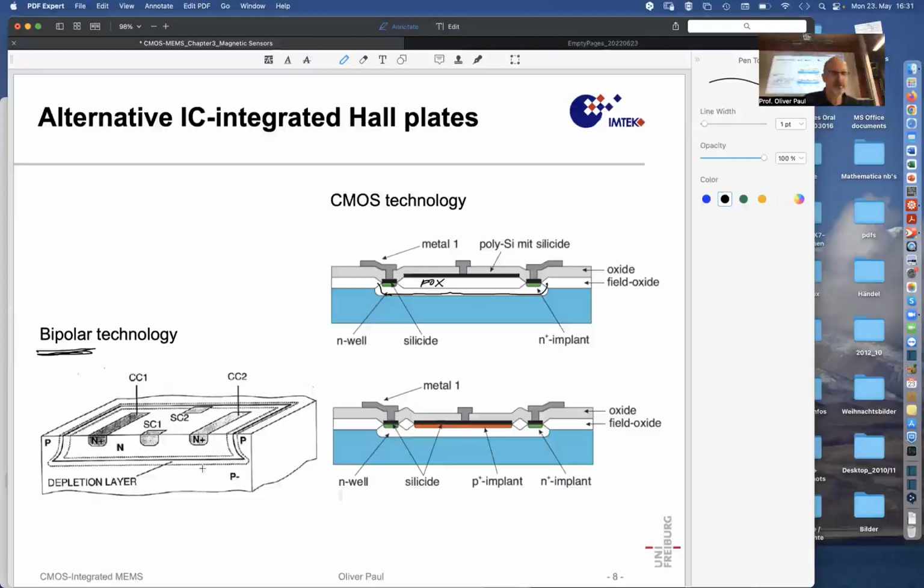So you have P substrate for all the thickness of the wafer, and then there is this N layer extending over the entire wafer, and then you can, by a P implant, define a rectangular area that is an N-well, an N region surrounded by P walls with a P bottom.